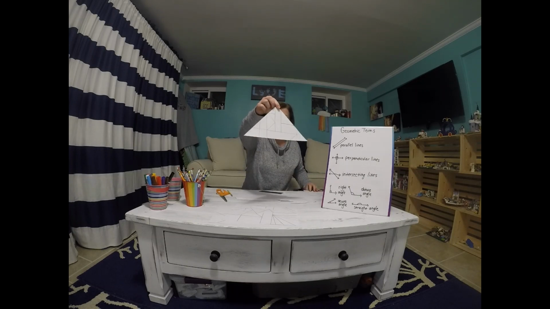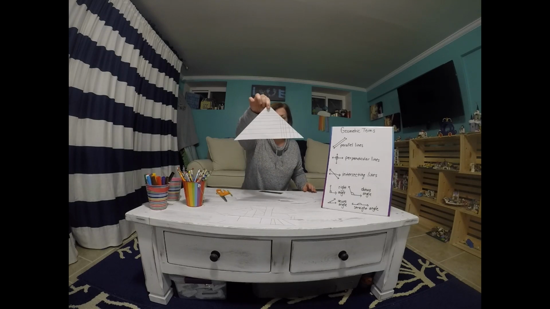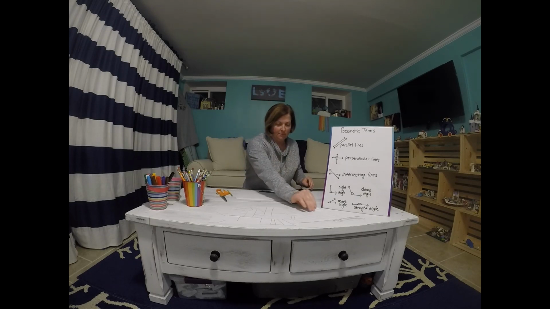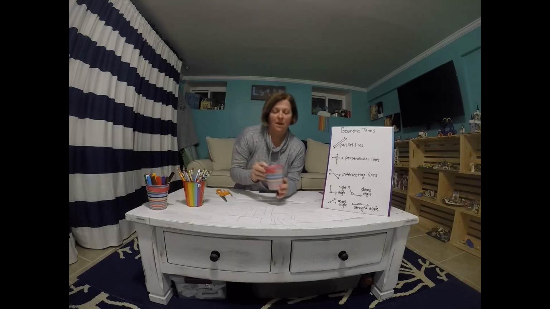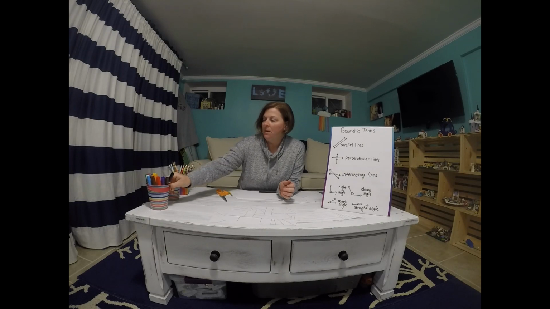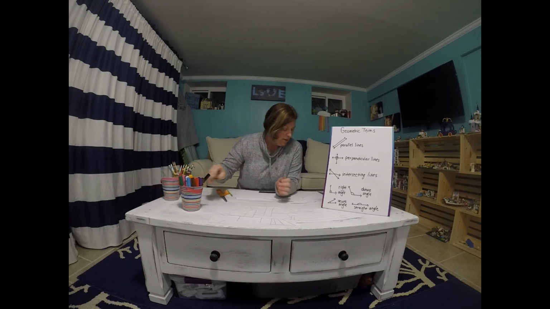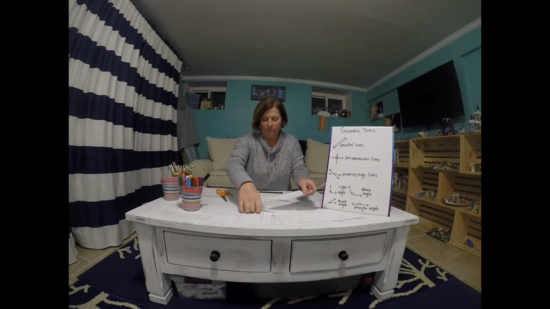Here's a bigger triangle. Here's another bigger triangle. And then what you're going to do is you're going to take some coloring utensils. You've got some crayons or some colored pencils or markers, and you're going to color. I'll do this one.